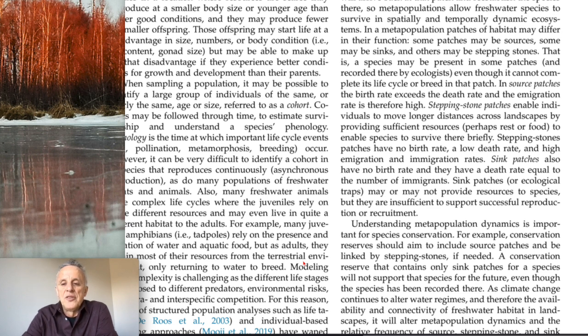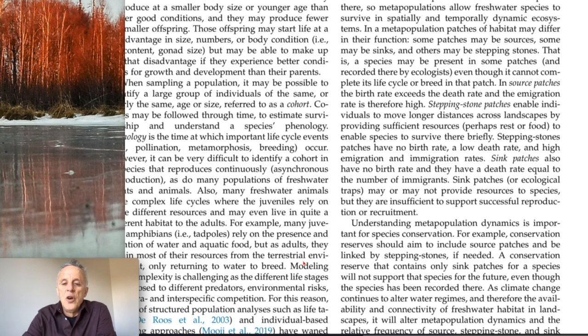Some patches may be sources, some may be sinks, and others may be stepping stones. That is, a species may be present in some patches even though it cannot complete its life cycle or breed in that patch. In source patches, the birth rate exceeds the death rate, and the emigration rate is therefore high.